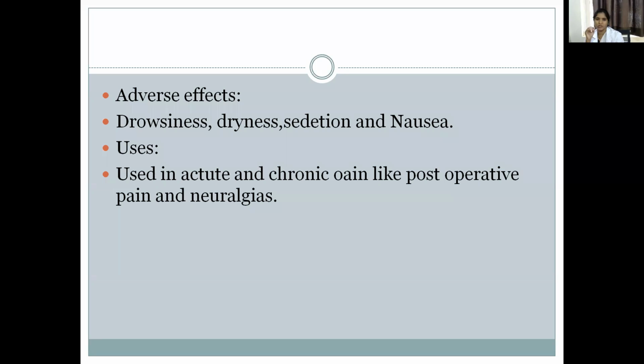Tramadol is used in acute and chronic pain like post-operative pain and neuralgias. It causes drowsiness, dryness of the mouth, sedation and nausea as side effects.